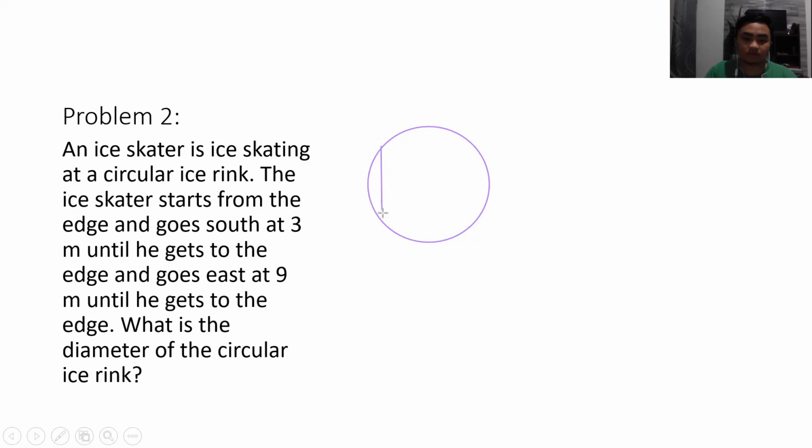And he goes there. The next instruction is the ice skater goes east at 9 meters. So let's go east until he gets to the edge. So let's go here. What is the diameter of the circular ice rink? So this is the diameter.